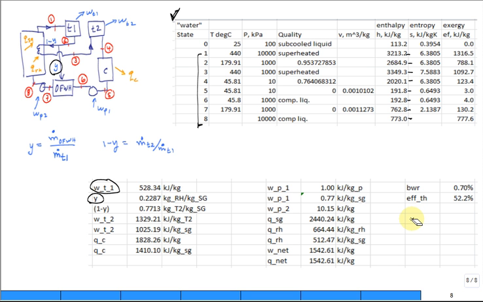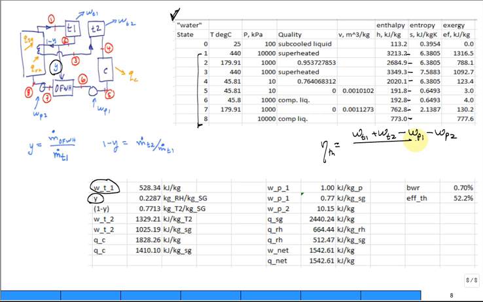But this thermal efficiency, if we work backwards, what is the equation for the thermal efficiency? Is it the net work out, which would be the work of the first turbine out plus the work of the second turbine out, minus the work of the first pump in, minus the work of the second pump in?